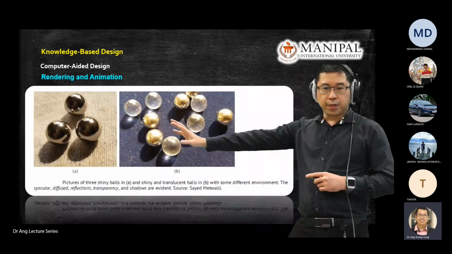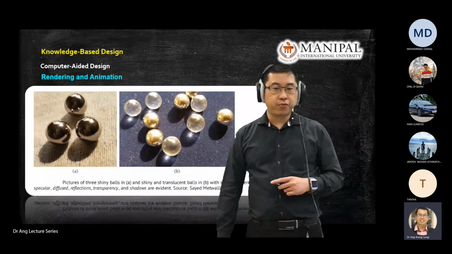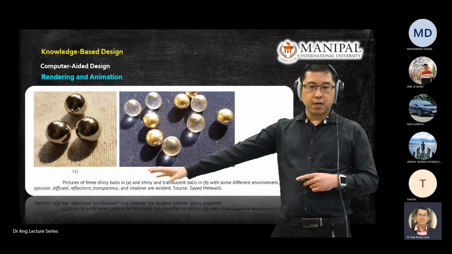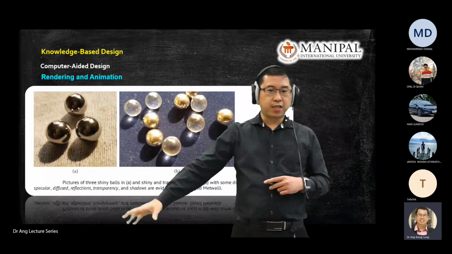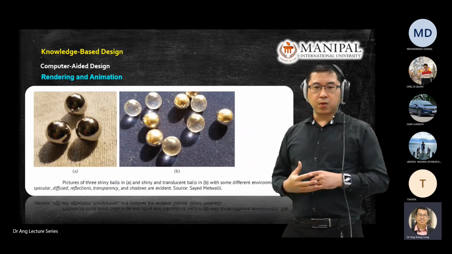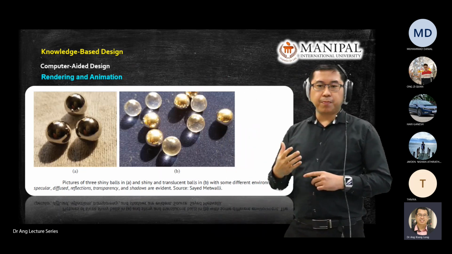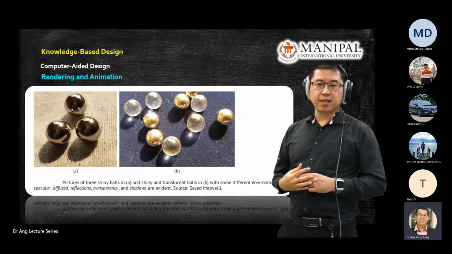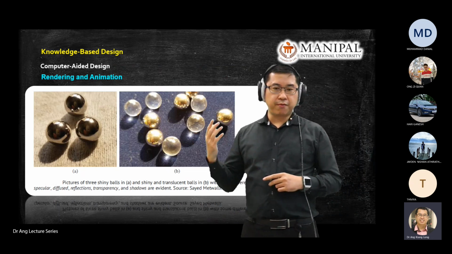The next one will be when you come to your final presentation. This is more on the cosmetic touch-up, when you render your 3D model so that you mimic the lighting in the real environment.